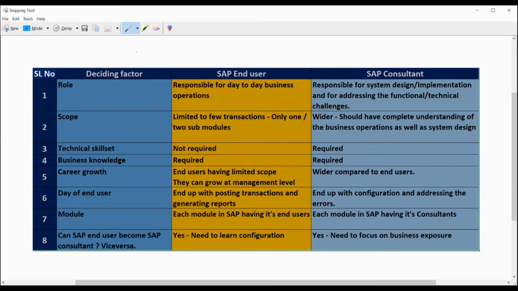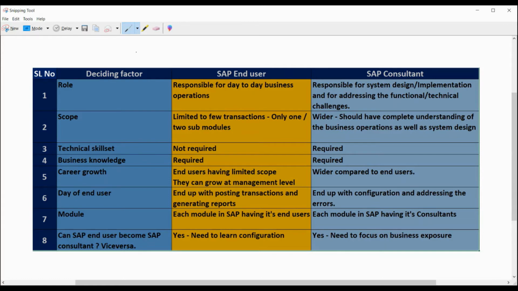An SAP consultant should have a complete understanding of the business operations as well as system design, and he needs to update himself with technical updates and functional updates, as many solutions are coming up day to day. He should be aware of those.